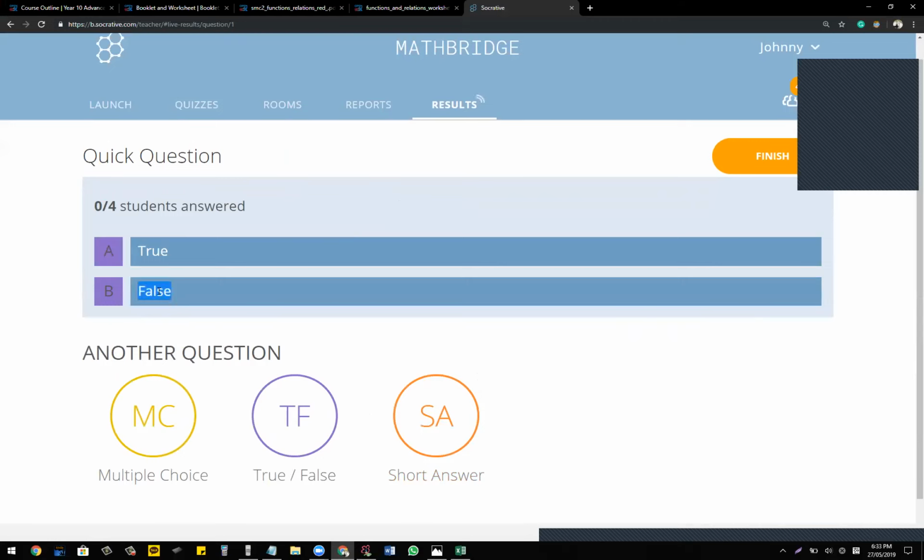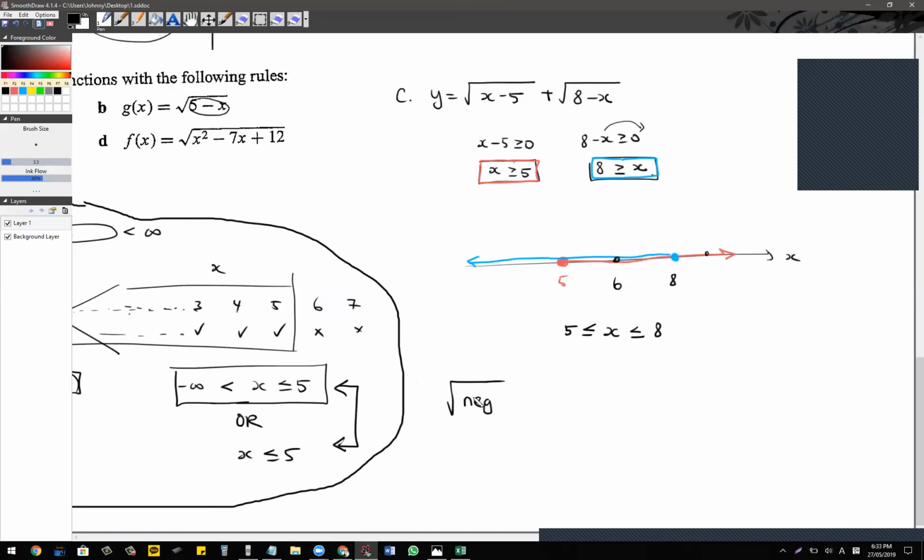If you know why root of a negative is not allowed, then go for false. Okay, so it's 50-50. So I'll explain to you why.